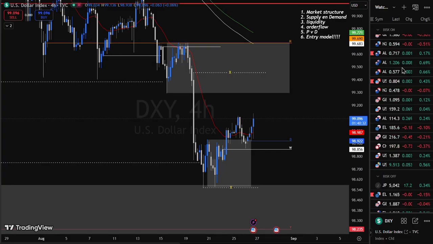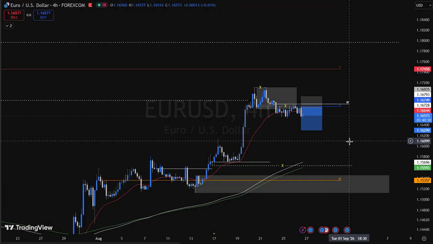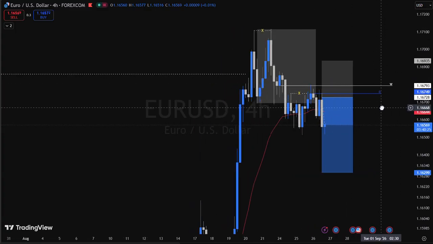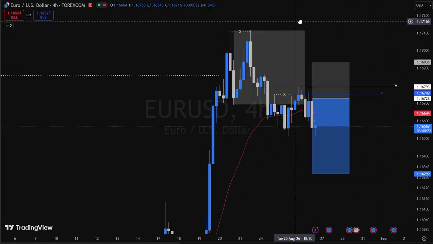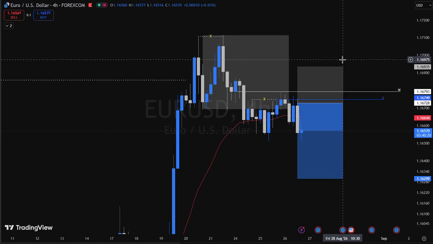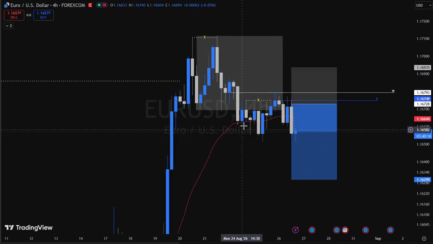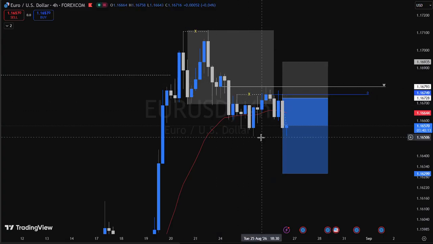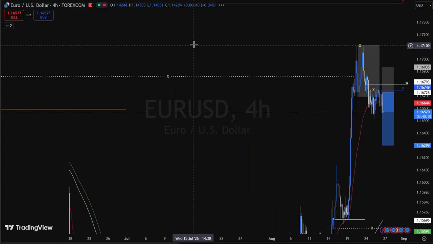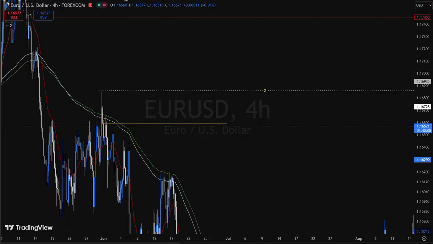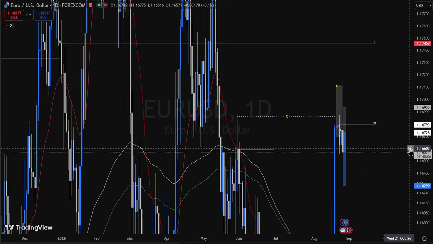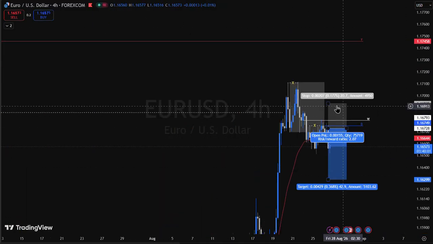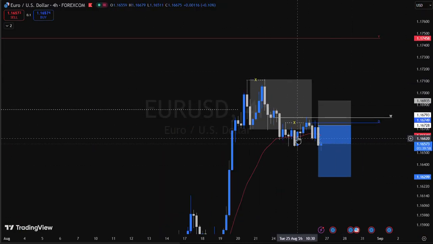Let's move to our second pair, EUR/USD. As you can see in EUR/USD, I took this trade in the London Open. As I told you yesterday, I'm expecting EUR/USD to go downside from this area, after taking this liquidity on the daily. So yes, as I told you, EUR/USD is currently going downside.